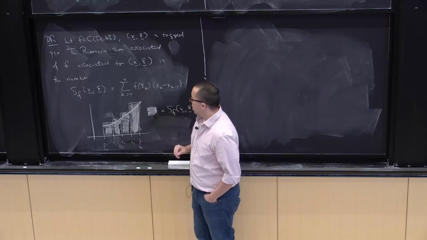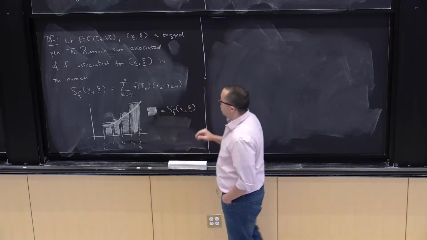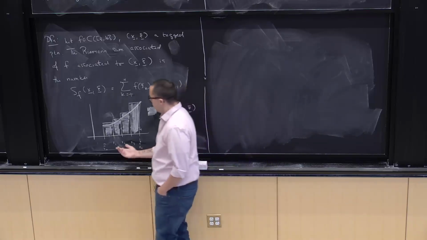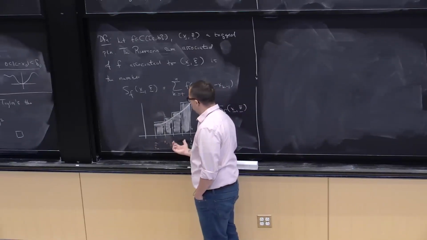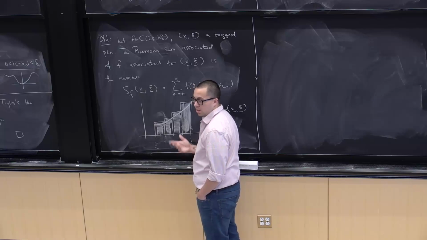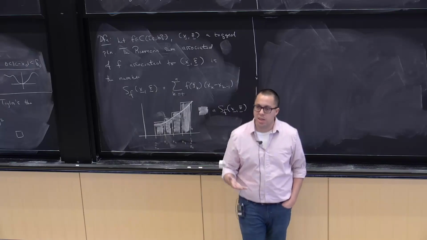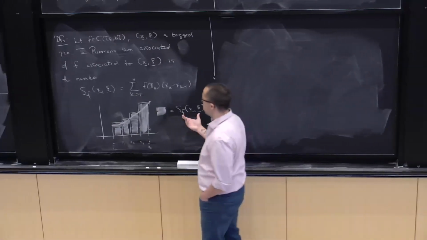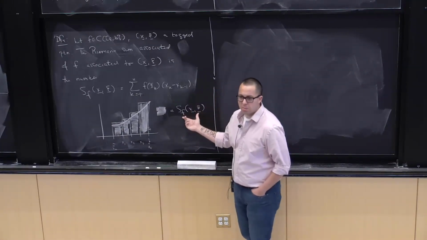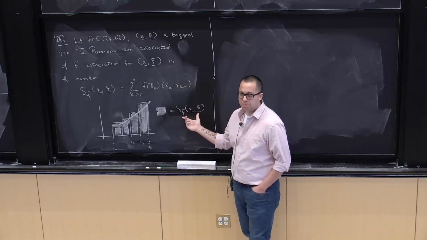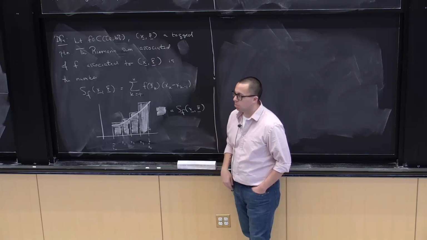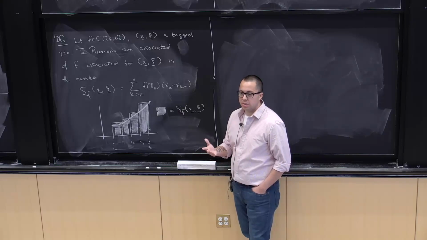All right? And so what we would like to do is take a limit as the lengths of these subintervals get smaller and smaller, as the norm of the partitions goes to 0. We would like to say that these approximate areas, which are just numbers, converge to some limiting number, A, say. That number we refer to as the Riemann integral of f, and we interpret it as the area underneath the graph of f.